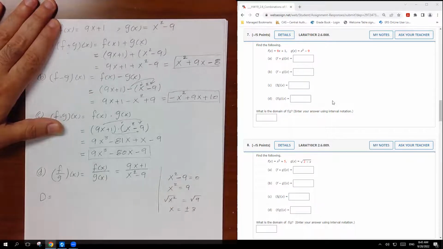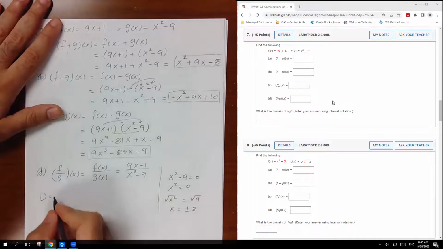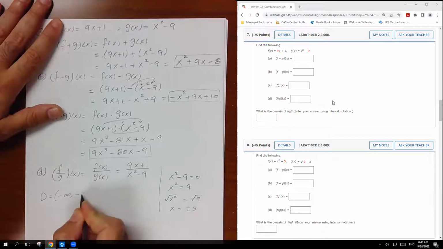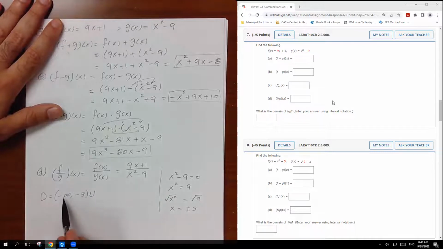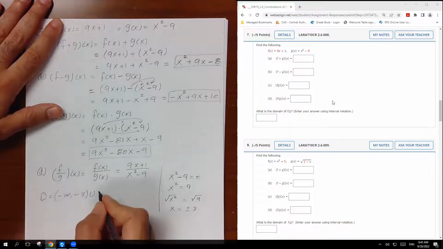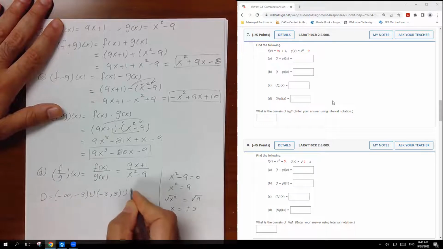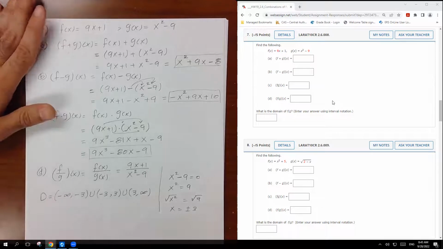That means I can choose all numbers except 3 and negative 3. So how are we going to write down the domain? You can write from negative infinity to negative 3, union, which means I can choose all the numbers between negative infinity and negative 3 except negative 3, union from negative 3 to 3, and another union from 3 to infinity. That's the domain for the last one.